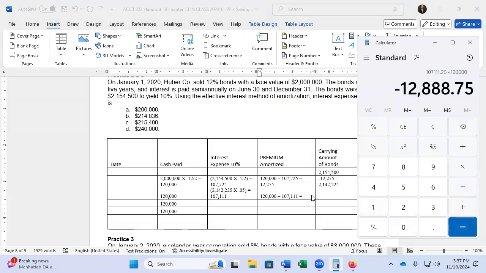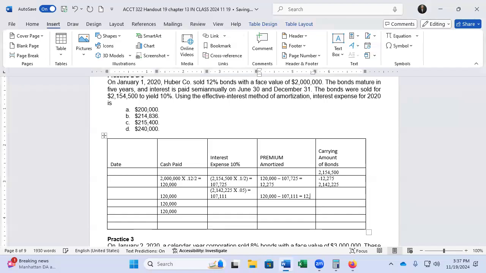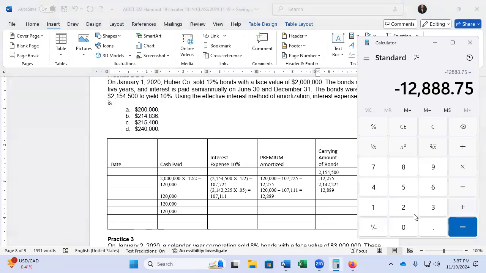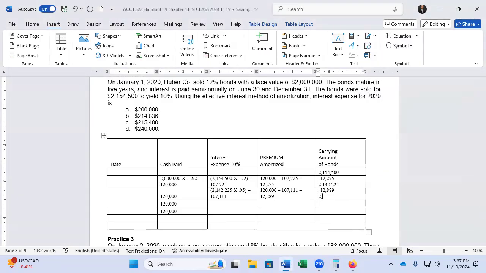It's 12,889. And so we're going to subtract 12,889. And we end up with 2,129,336.